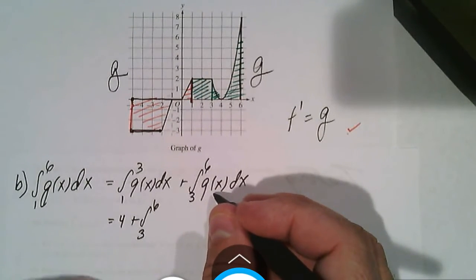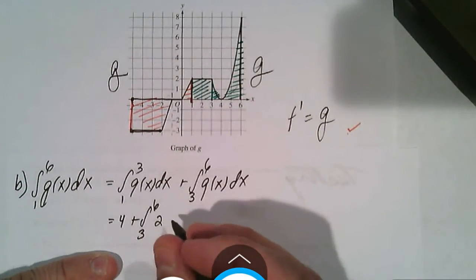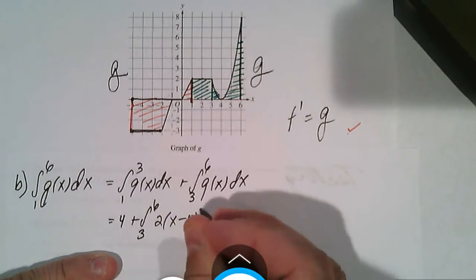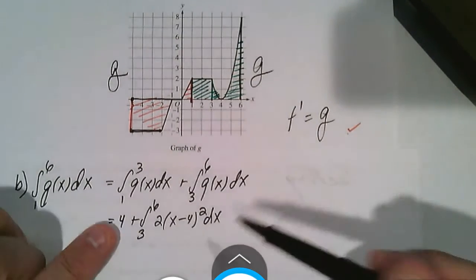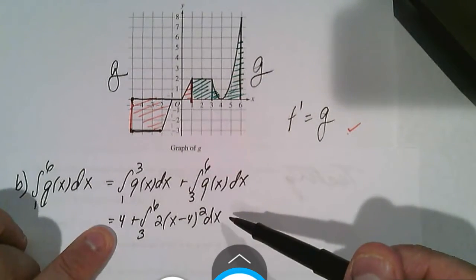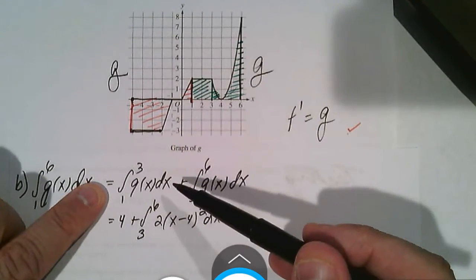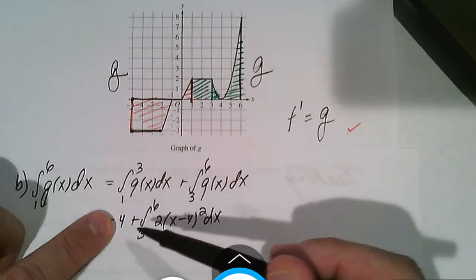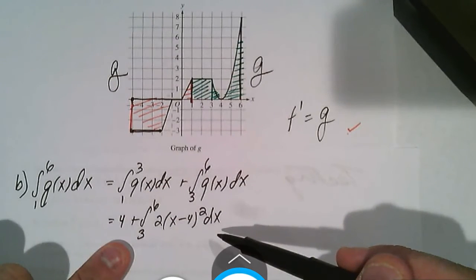They told me that g of x from 3 to 6 can be written as 2 times (x minus 4) squared dx. Okay, we've made some progress. We went from one integral to two different integrals. The first integral we could evaluate using basic geometry. The second integral we're going to evaluate using our calculus techniques.